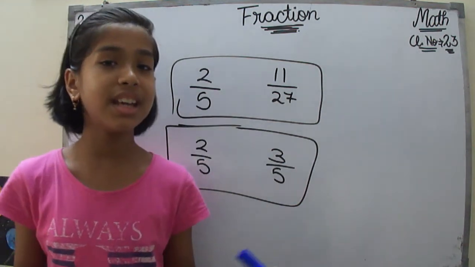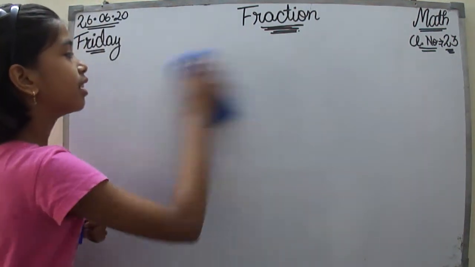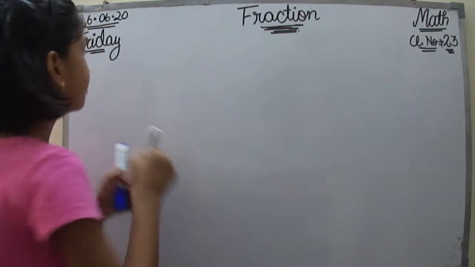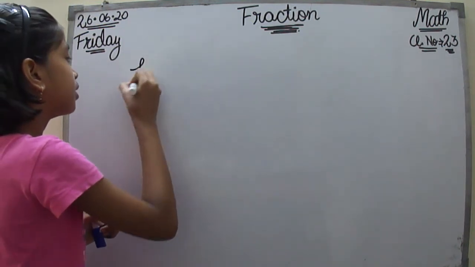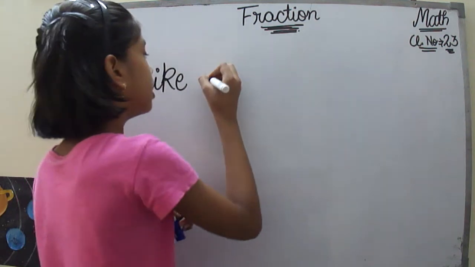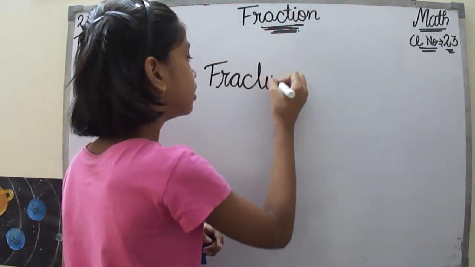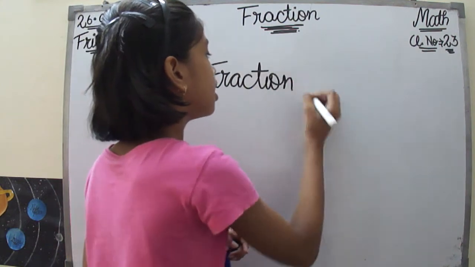What is a like and unlike fraction? Let me write down the definitions.